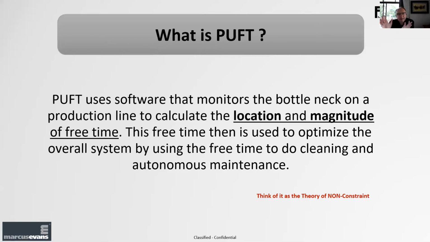So in the PUFT calculation, it uses all of these over-designed machine speeds to spell out to the production operator in real time where he has slack or free time that he can use to do something else, like autonomous maintenance or cleaning, something that they can do right there and then.